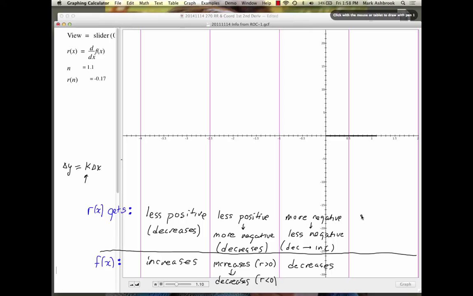Okay, how does it start? It starts by getting less negative. Picking up from before, it's still getting less negative.